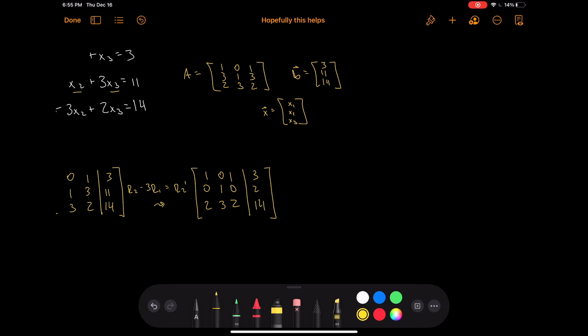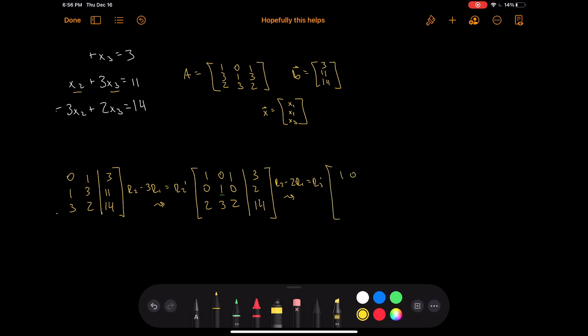So yeah, sweet. We already have the second row where we just have 1, 1, 1, and it's in the middle, which is even better. So now let's get rid of the first column in the third row. What we're going to do is take row 3 subtracted by twice row 1, and we get a new row 3.